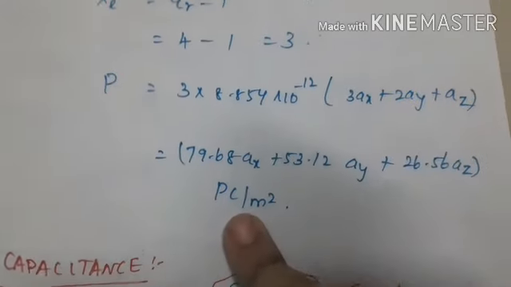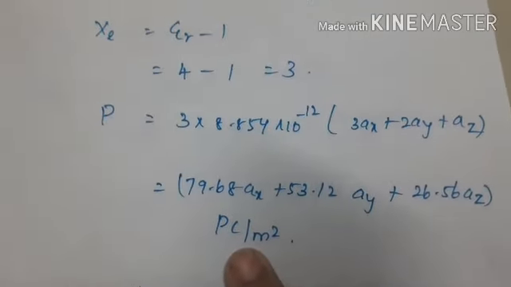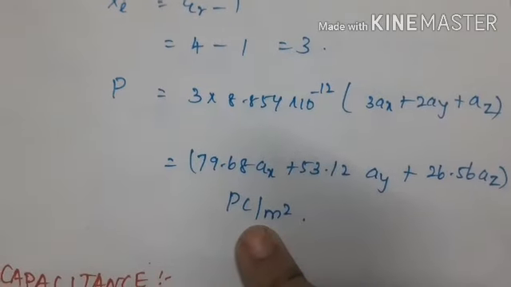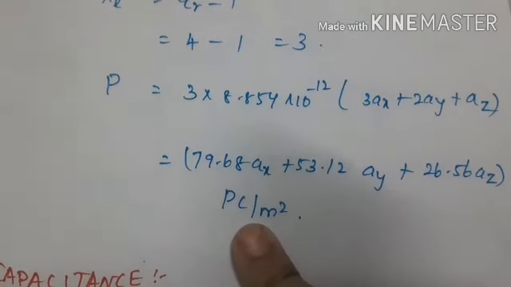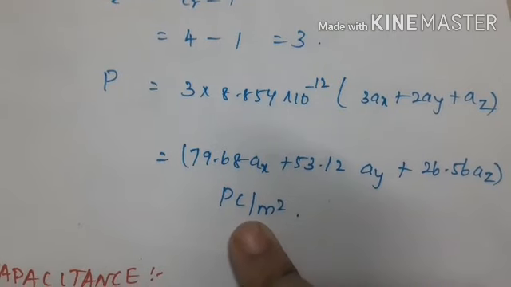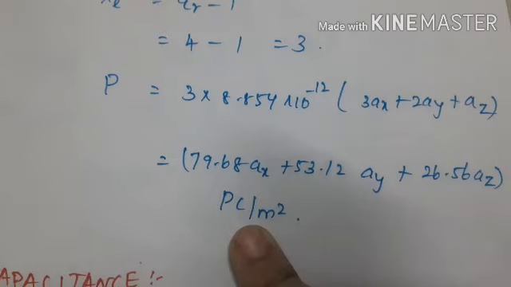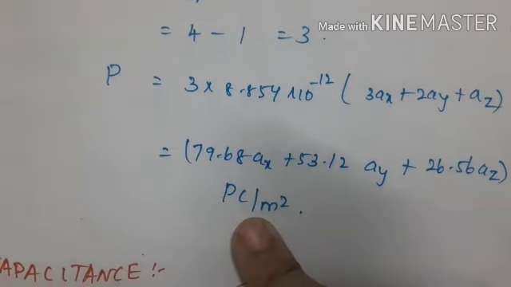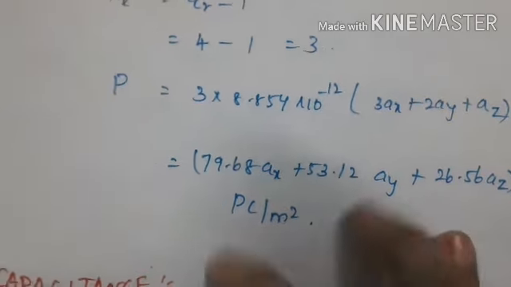So our final answer, the polarization, is 79.6668 AX plus 53.12 AY plus 26.56 AZ picocoulomb per meter square. This is the polarization for the given field strength expression.